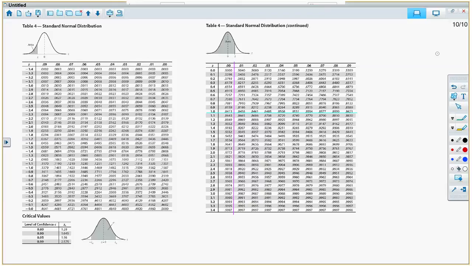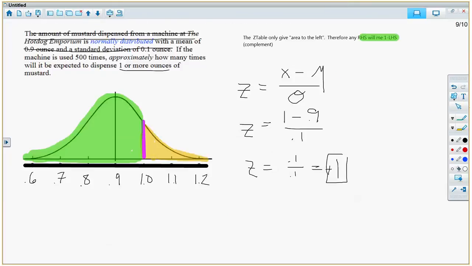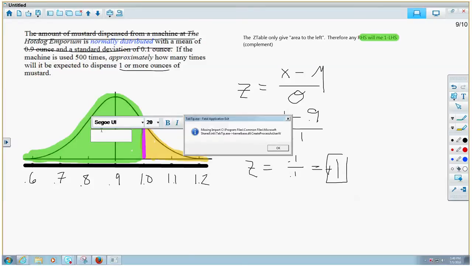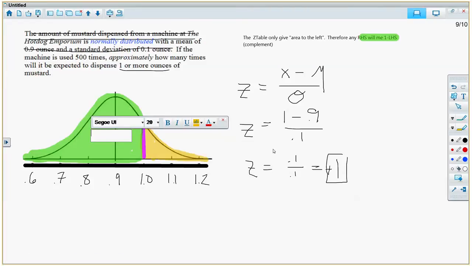So you go back to your handy-dandy drawing and you type in 0.8413 is your green area. But that's fine and dandy, that ain't giving us our answer because we want the yellow area. To find the yellow area, you know that the area under the whole curve is 1.